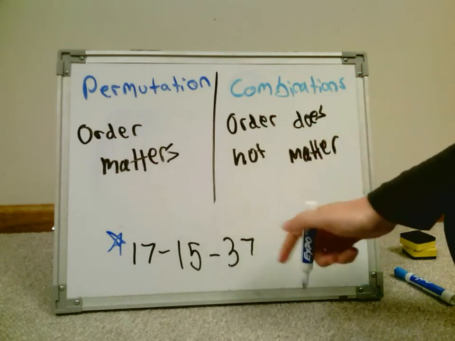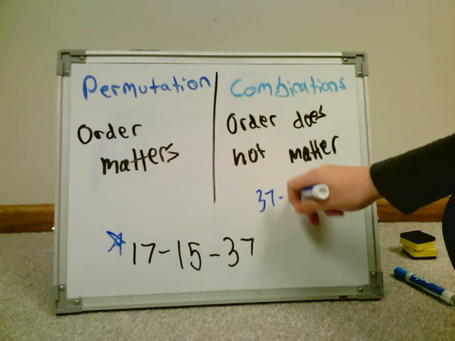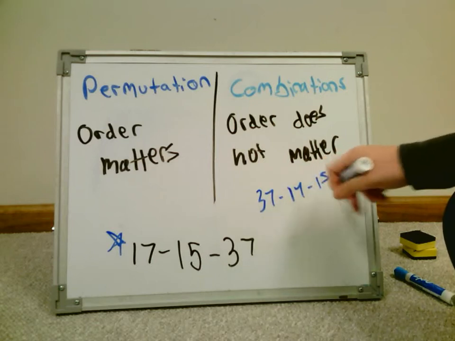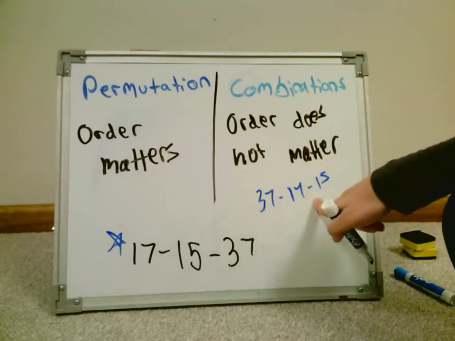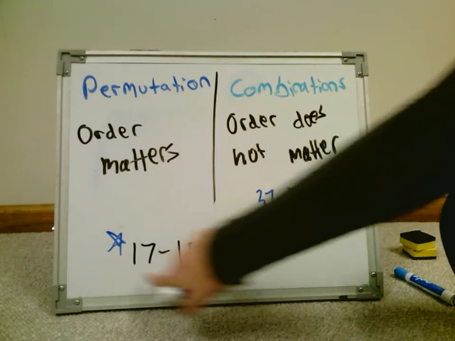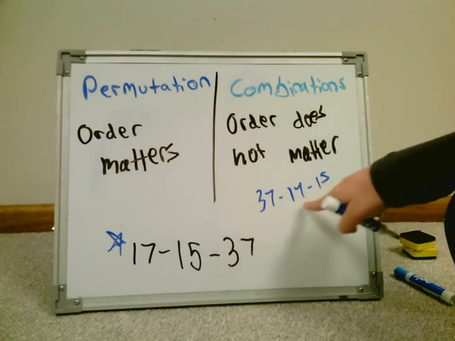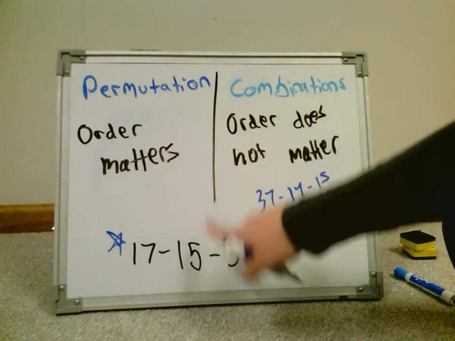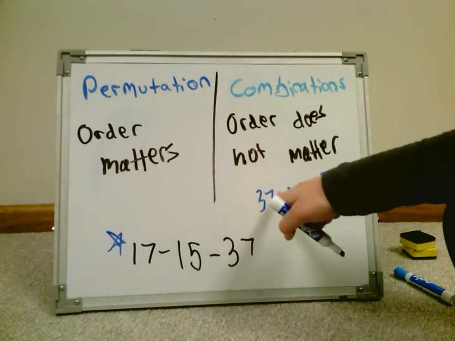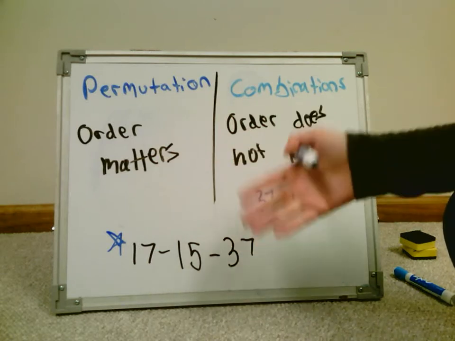If you go up to your locker and you attempt to do 37, then 17, then 15, will that get you into your locker? No, because this is the code that you need to get into your locker. Not 37, 17, 15. Even though they're the same numbers, they have a different order, making them a different code.